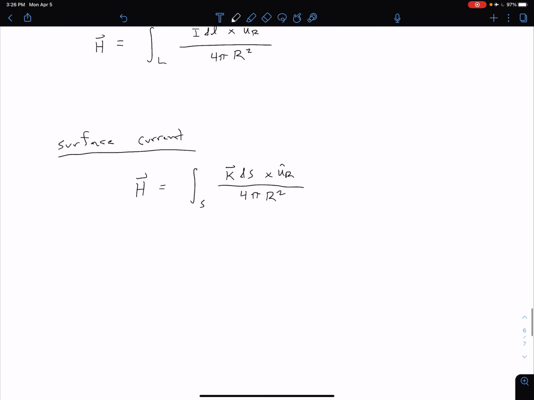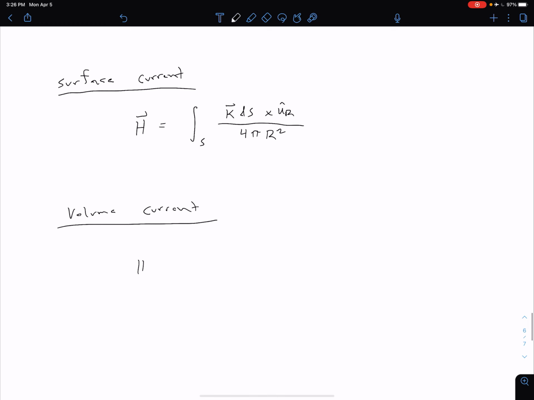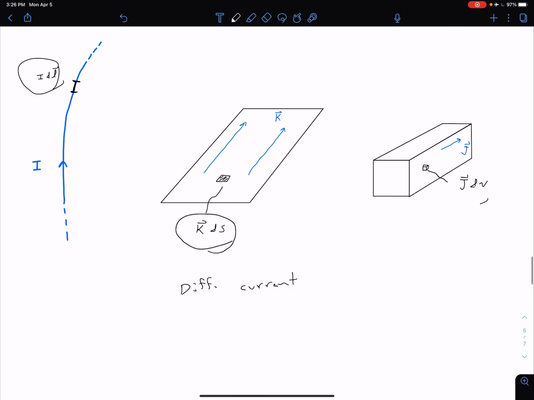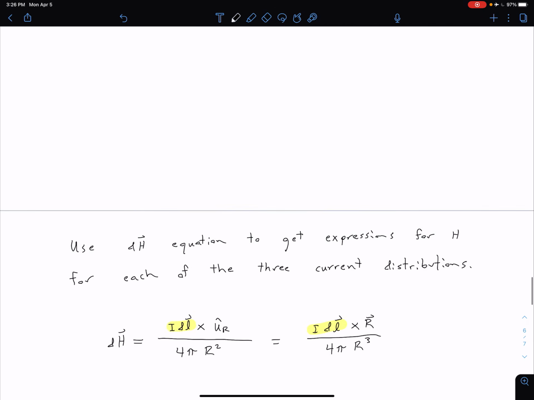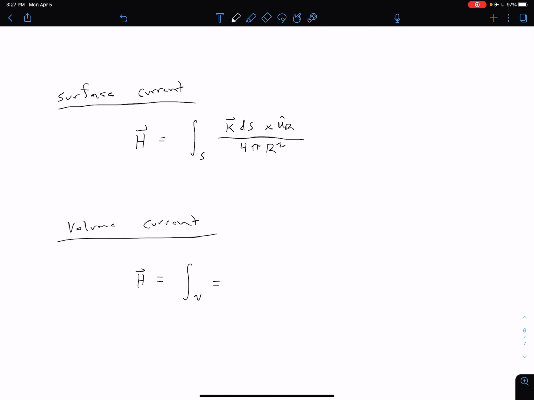And then finally for our volume current, the same basic approach: our magnetic field intensity H is equal to the integral over the volume, and again we adjust that differential current. For the volume, the differential current is J dV. Substituting that, we have J dV cross the unit vector in the R direction, divided by 4 pi times R squared.